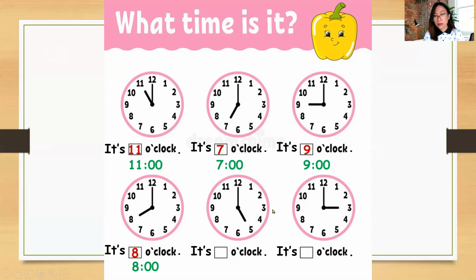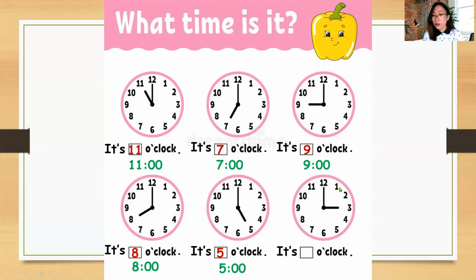Next, what time is it? What number is the hour hand pointing? It's 5 o'clock. Very, very good. And we write it as 5 followed by 2 zeros.